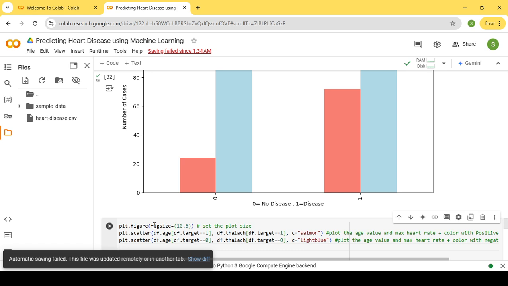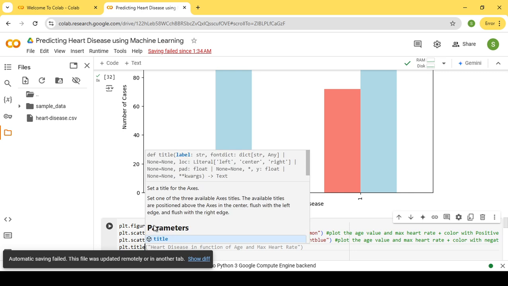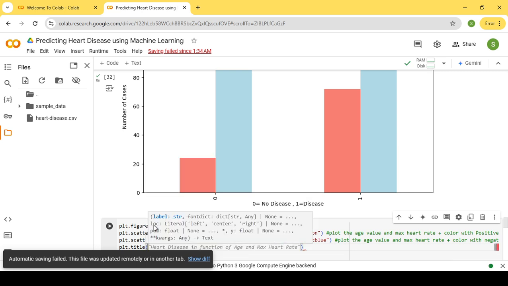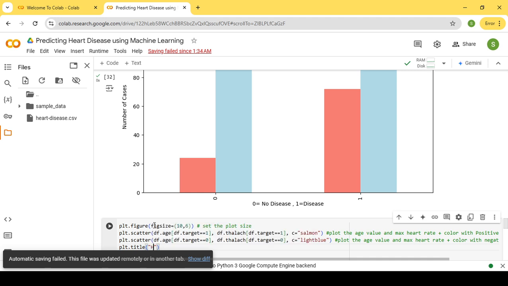Now let's add a simple plt title. Let's call it heart disease as a function of age, or in relation, let's say, age and max heart rate.